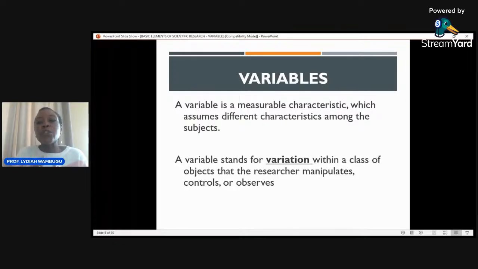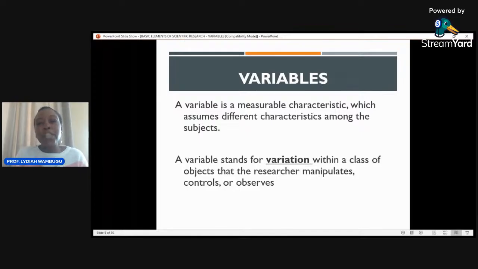When we talk about variation, if I'm looking at phones, I can say I have a Samsung, I have a Nokia, I have an iPhone, etc. As long as I can say this is an iPhone, this is a Samsung, this is a Nokia, there is some variation, then that is a variable.